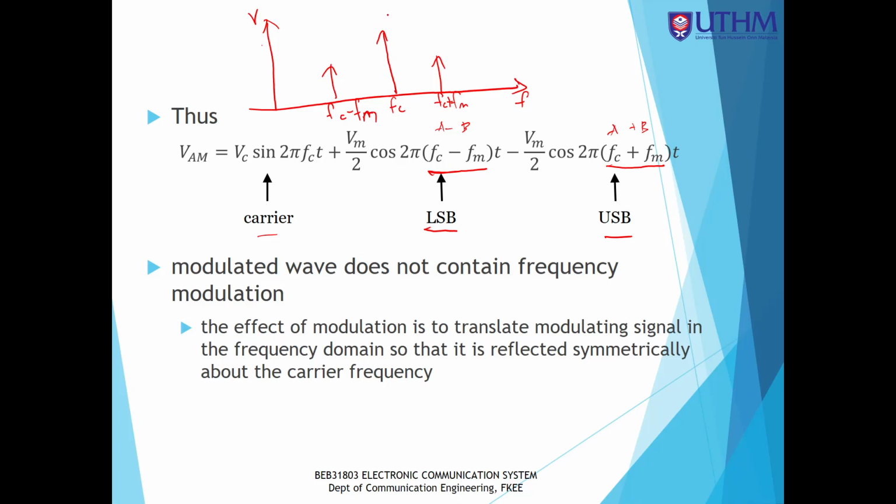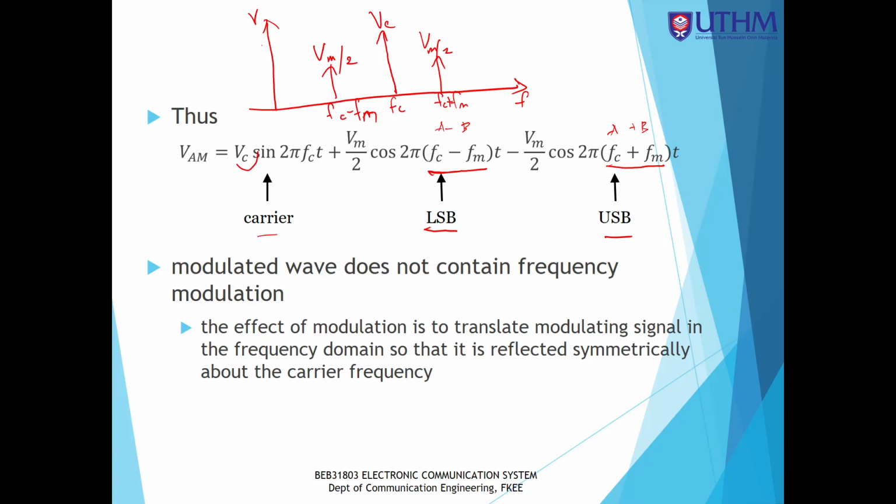The amplitude is Vc, and this is Vm over 2. So how do I get these values? This is from the equations.